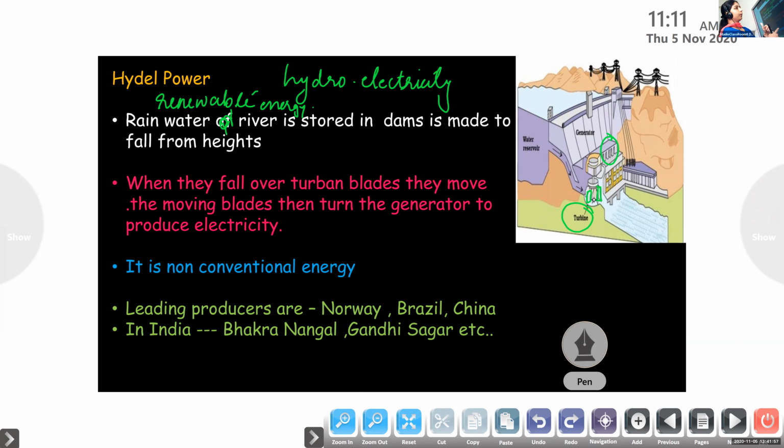When they start moving, they turn the generator, and the generator produces electricity. You have learned this process in physics, right? How electricity is produced from water.